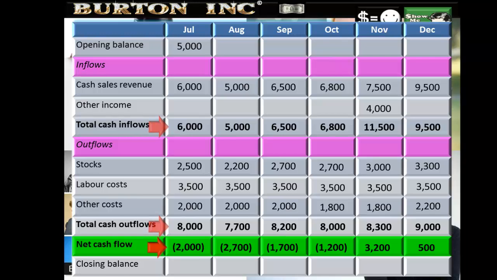So you can see the business is struggling. It's borderline. Other rental income comes in and saves it in November. Our net cash flows for November turn positive again, and they're slightly positive again in December with those increased sales numbers coming through.